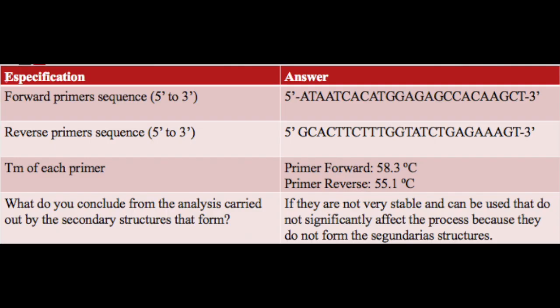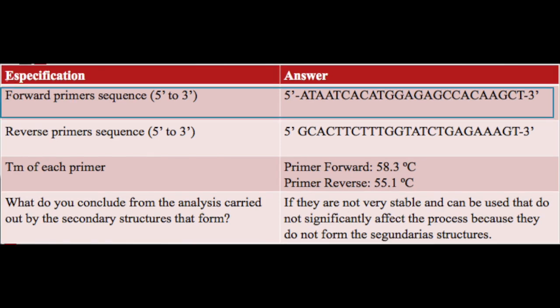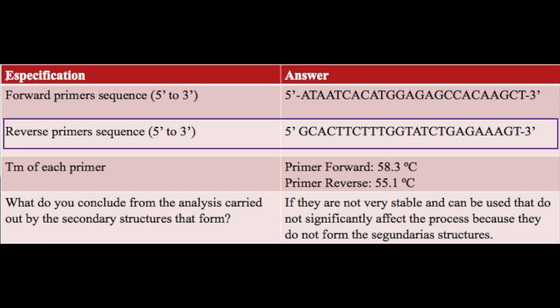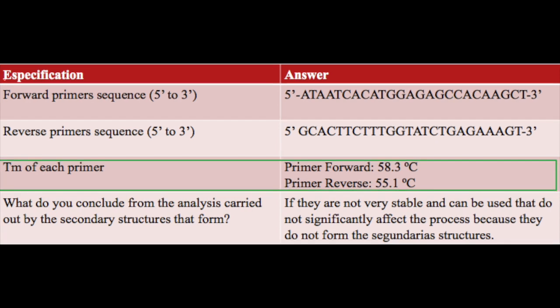In the next chart, we have the specification of the primers. In the first column, we have the forward primer sequence that was 5' to 3'. In the second, we have the reverse primer sequence that is 5' to 3'. And in the third, we have the melting temperature of each primer.